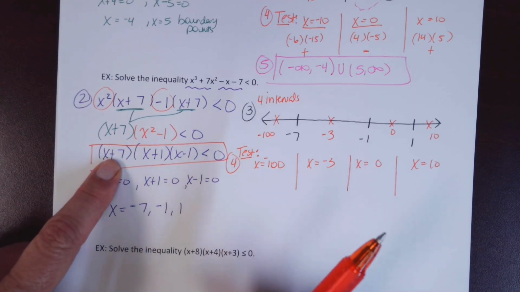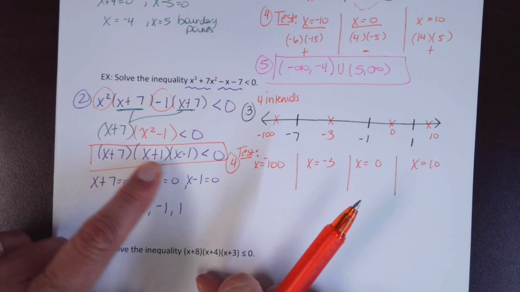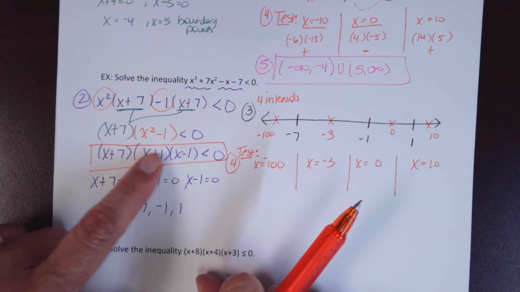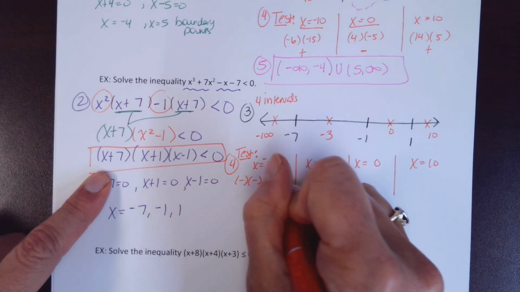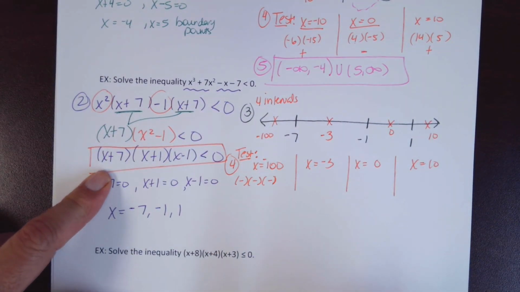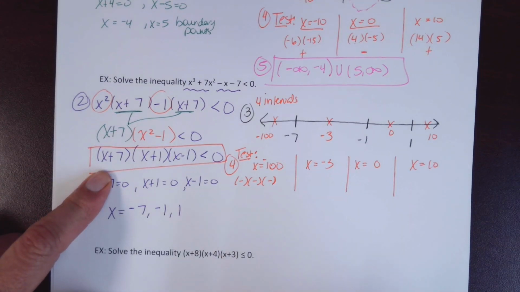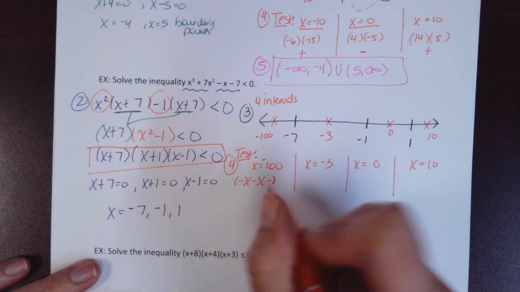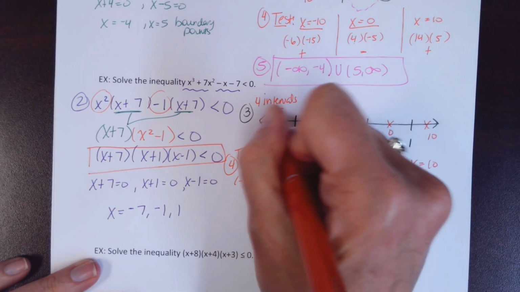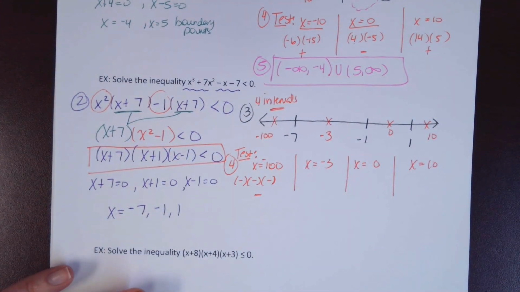So -100 plus 7, -100 plus 1, -100 minus 1, each of those factors is going to be negative when I plug in a -100. I don't care about the actual value. I care, is this interval positive or negative? Well, a negative times a negative is positive, times a negative is negative. So everything in that interval is negative.